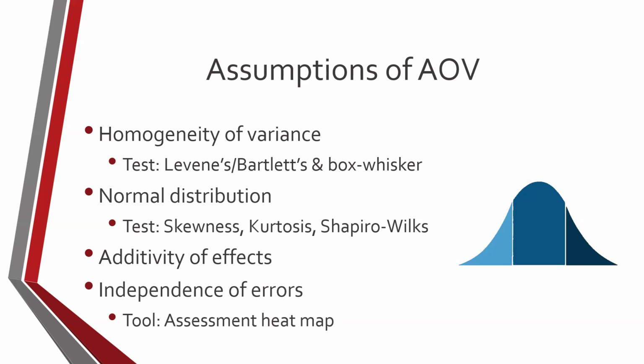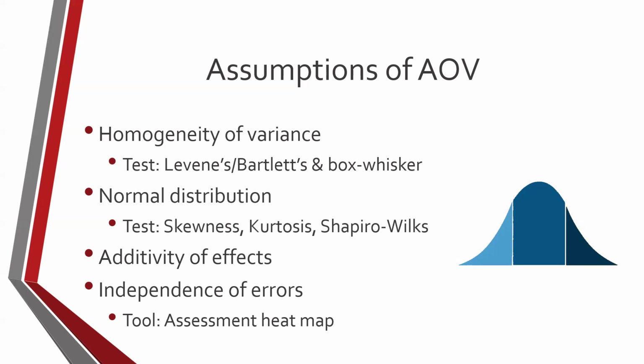And then this last one is in a similar boat. The last one here is independence of errors, that one assessment does not directly impact the next or previous value. Again, kind of hard to test for, but the important thing is really to not introduce bias in the assessment.